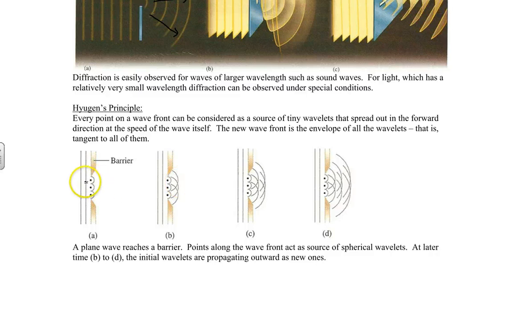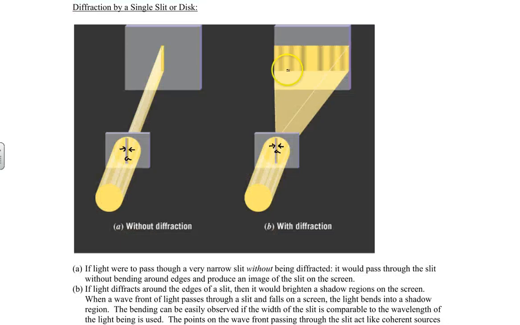So if you have a slit with opening A, then all along through that opening there are many points. We've just drawn 3, and these 3 points here are interfering with each other and producing an interference pattern on the screen. So now let's discuss the diffraction of a single slit.